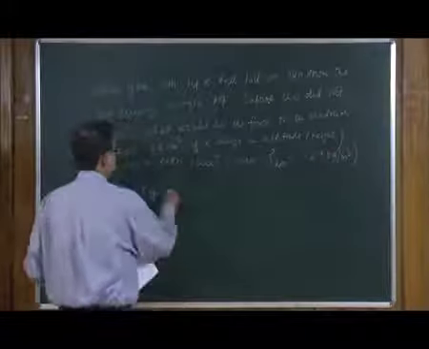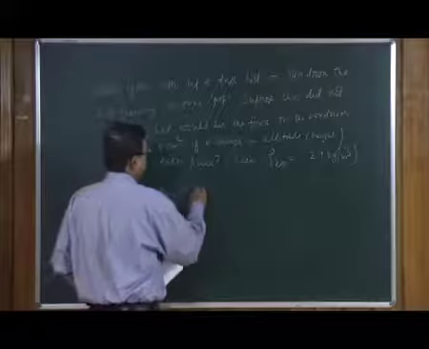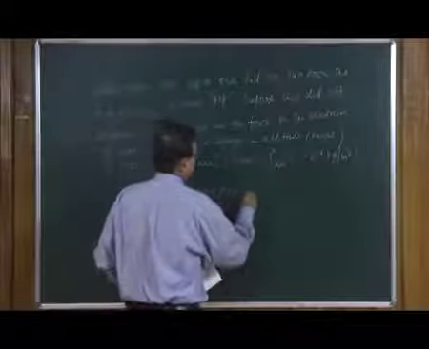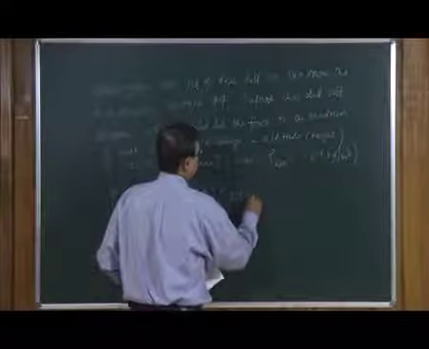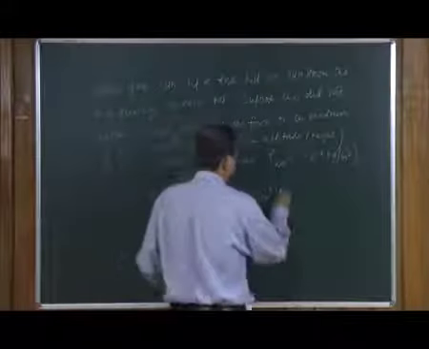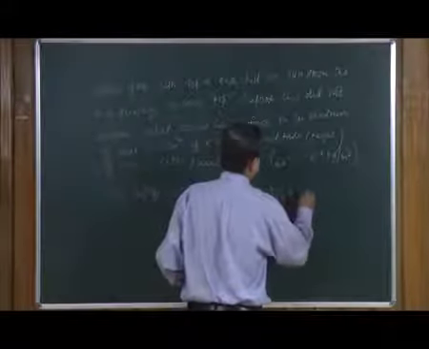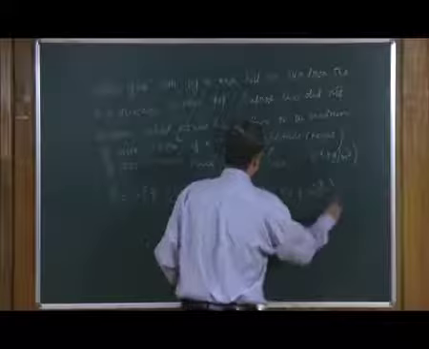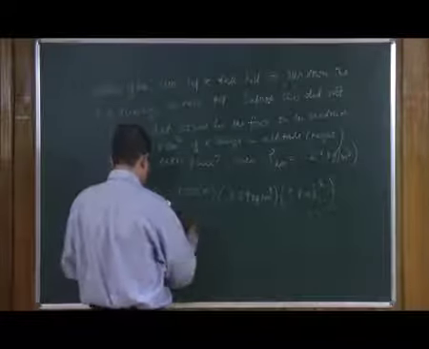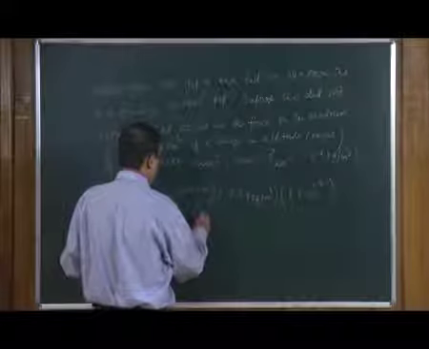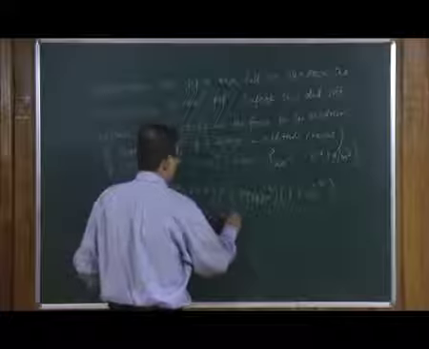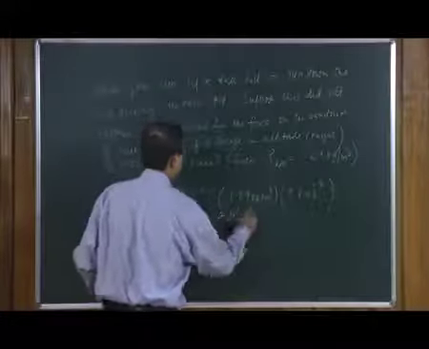So, 1000 meter multiplied by 1.29 kg per meter cube multiplied by 9.8 meters per second square, and when you calculate it, it comes out to be 12642 Newton per meter square.